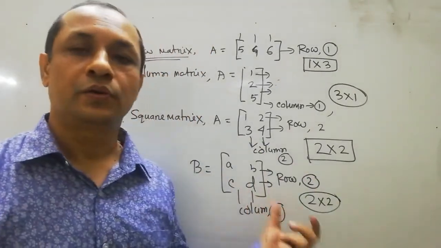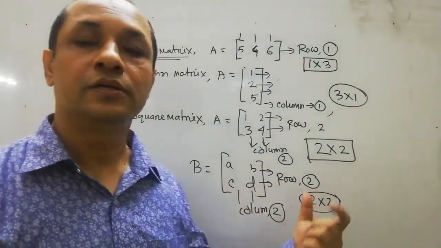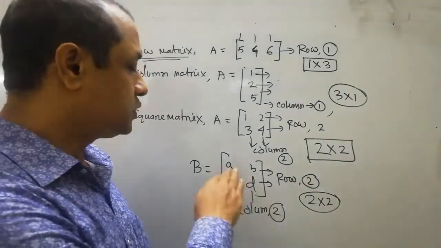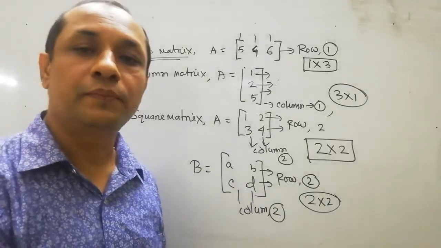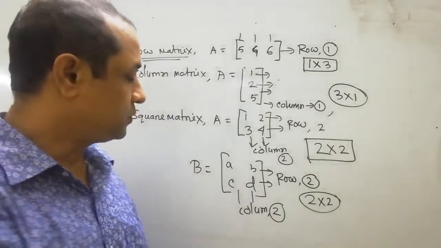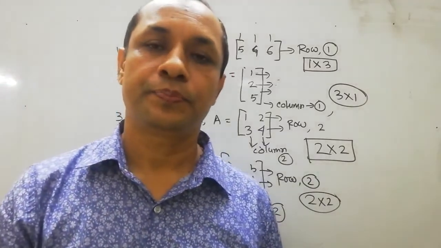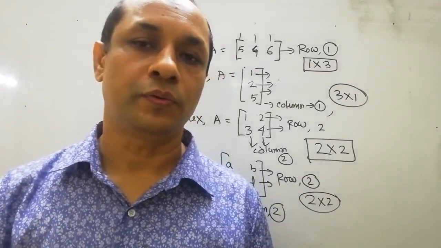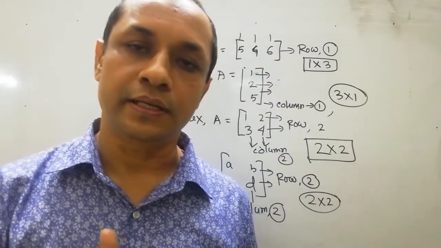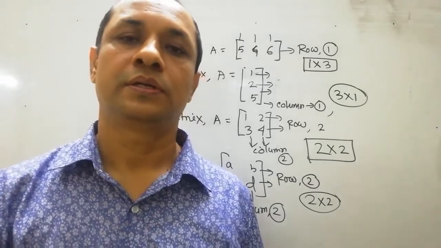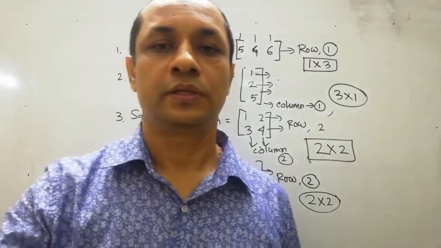So the order of a square matrix: this matrix is a 2 by 2 matrix. Students, attention please. Here the number of rows and columns are equal, so B is a square matrix. I say again, if the number of rows and columns are equal in a matrix, then this matrix is called a square matrix. I hope that you are clear.